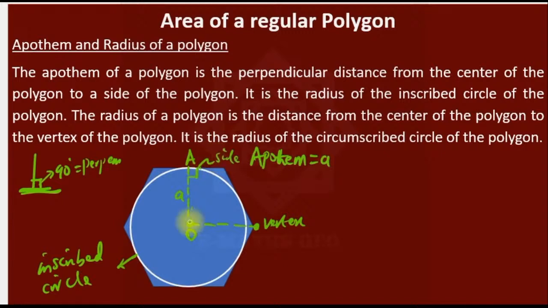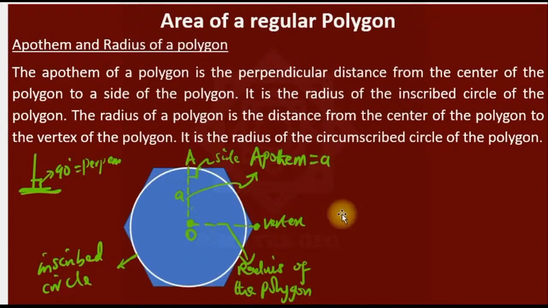So look at the difference: the distance from the center to the vertex is the radius of the polygon, while this A is the apothem. That's the difference between the apothem and the radius of the polygon. We can still define the radius of a polygon as the radius of the circumcircle. Inscribed is inside. Circum is the one that carries.